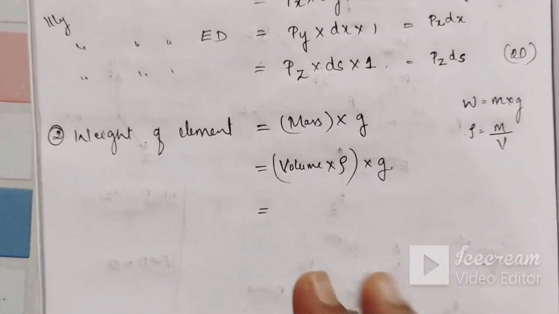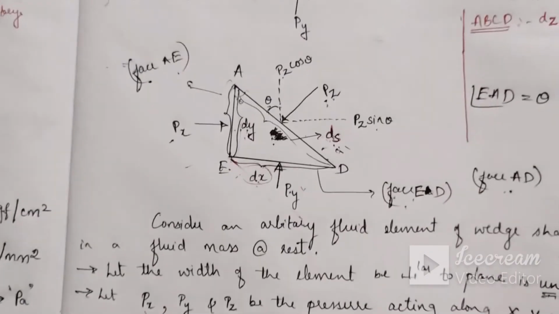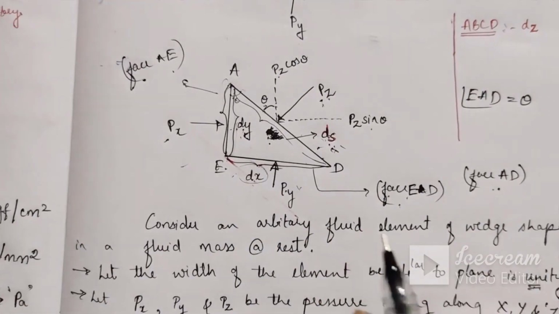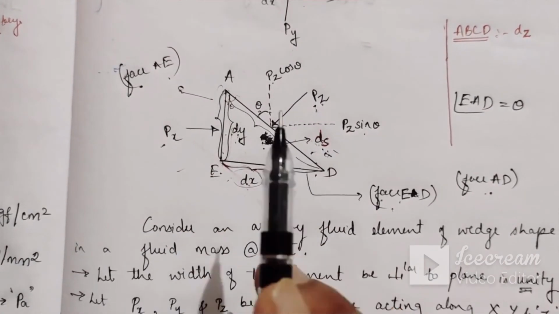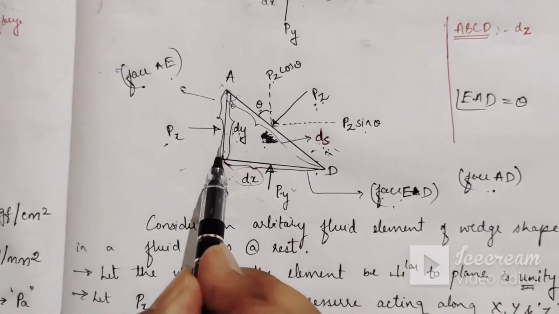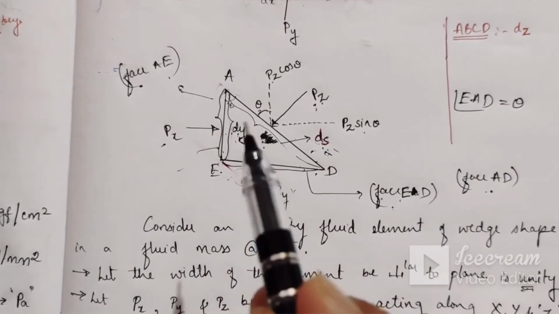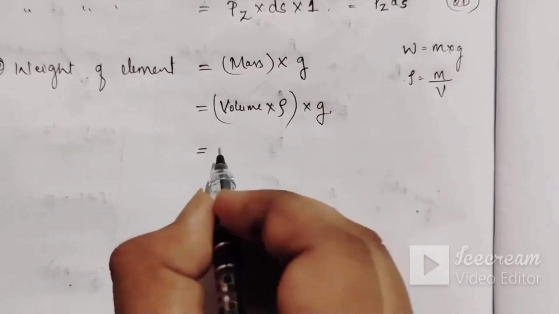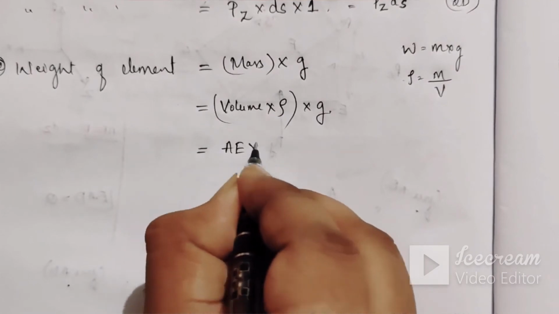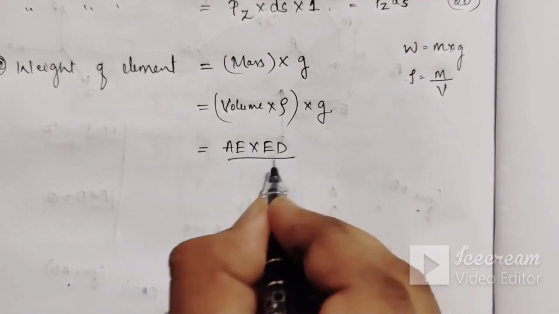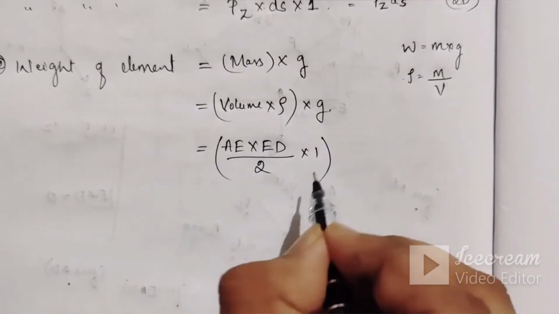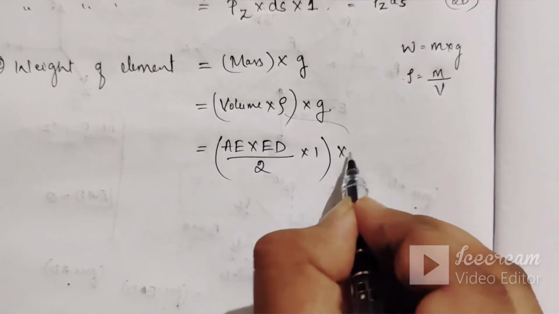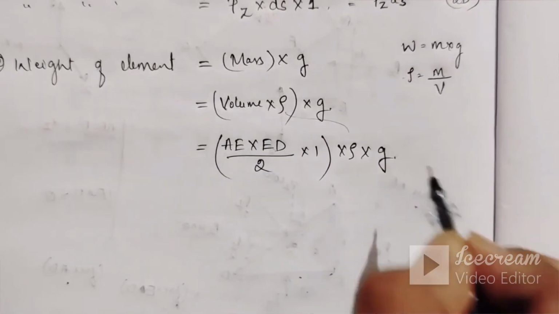I know the sides, so I can calculate the volume. Volume is that of a 3D element. So AE, ED, and the width, which is unity: AE into ED divided by 2 into 1, into density into g.